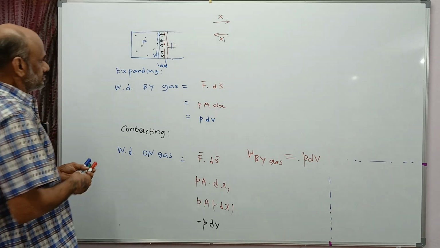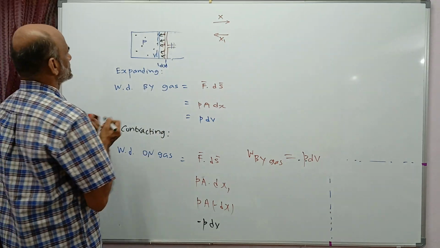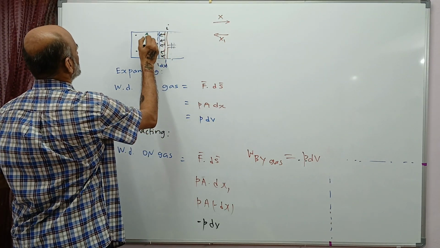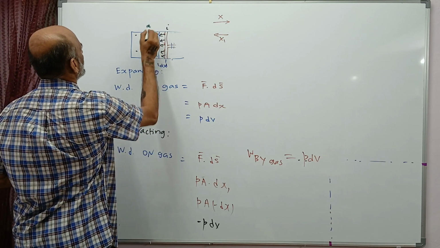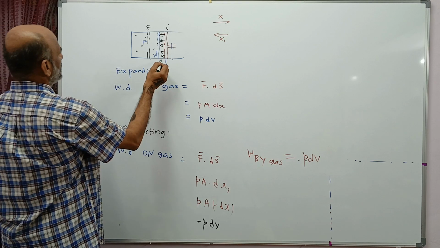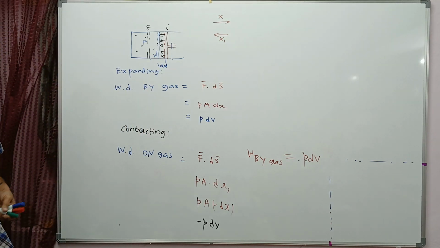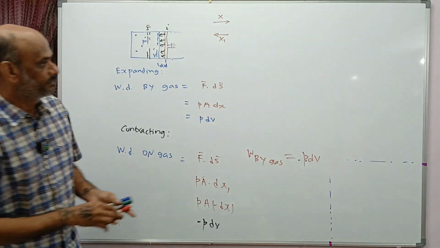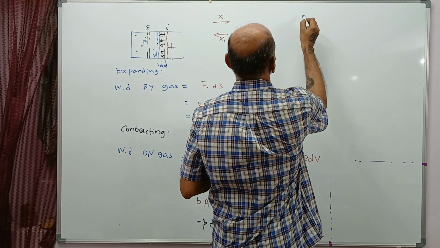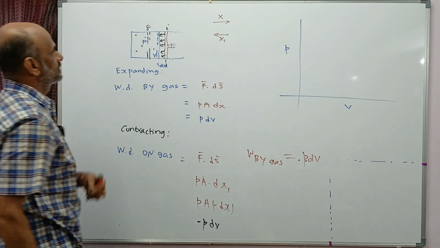And when it's moving from initial to the final state, so this is the initial state, and finally the piston has come here when it's contracting. Okay, so in between the pressure and volume of the gas will keep changing continuously. So if we plot this state of this gas in a PV diagram, for example, when it's contracting, the volume will decrease.